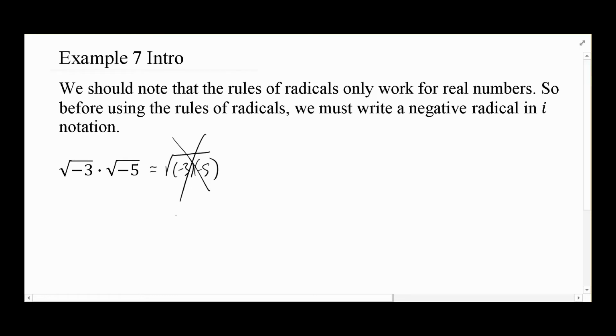That doesn't work because that rule of multiplying radicals, that product rule, only worked for real numbers. So before I can try to use these, I have to turn them into imaginary numbers first. So that's kind of interesting. So let's go ahead and actually do a couple examples along those lines.